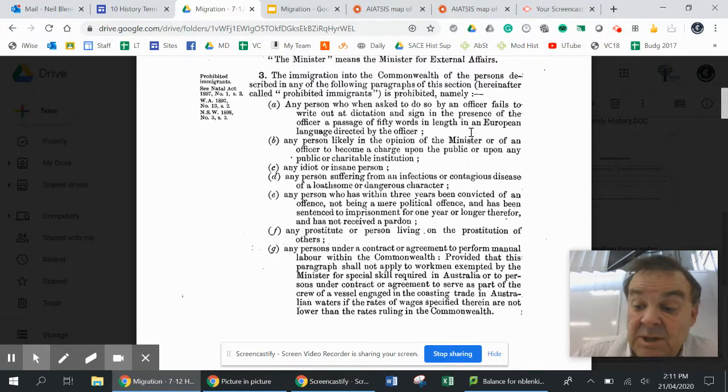And the one language that he did not know, so they were able to say, no, you can't come to Australia, was Gaelic. Gaelic is a very old language spoken in some parts of Ireland and Scotland. So they used the dictation test with him to stop him because of his politics, not, well, at the time it was argued, not because of his race. All right.